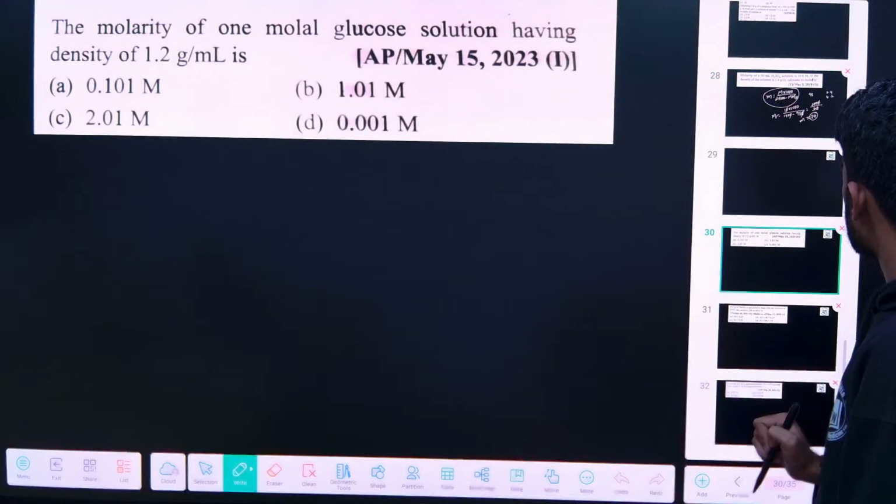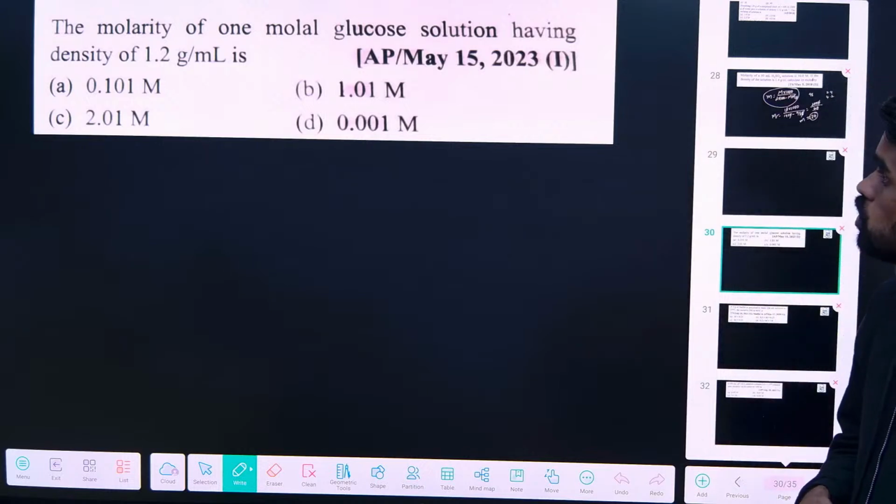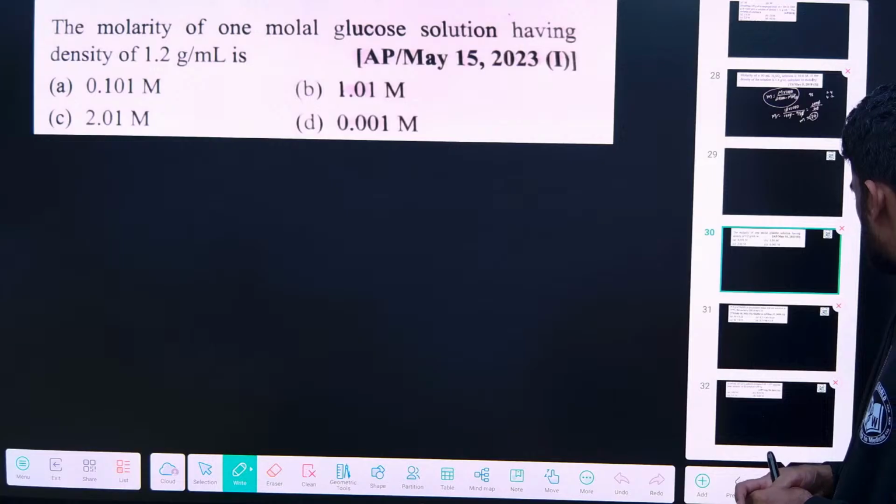Will you try this? Molarity of 1 molar glucose solution having density. Take this as homework, write it.